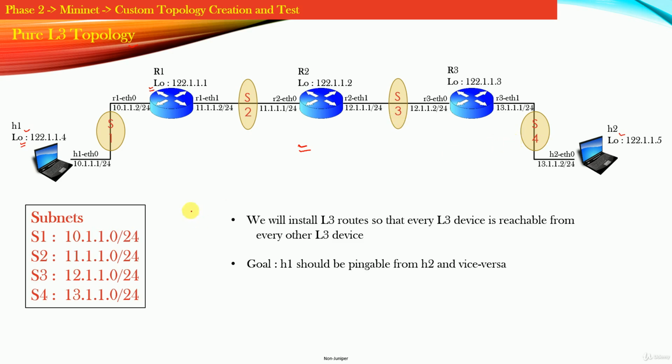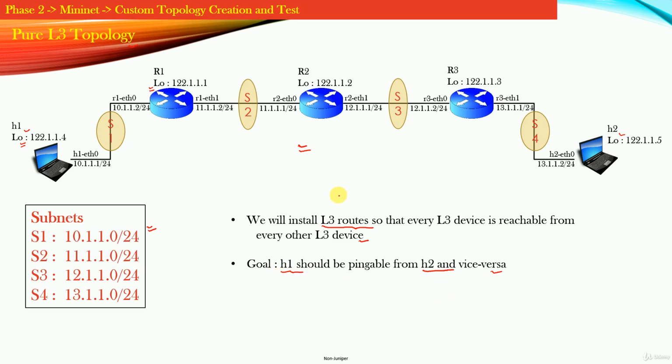Every subnet has a network ID, so this table lists the network ID of each subnet. The goal is that we will install L3 routes so that every L3 device in this topology is reachable from every other L3 device. Our goal should be that the H1 host machine should be able to ping the H2 host machine and vice versa.